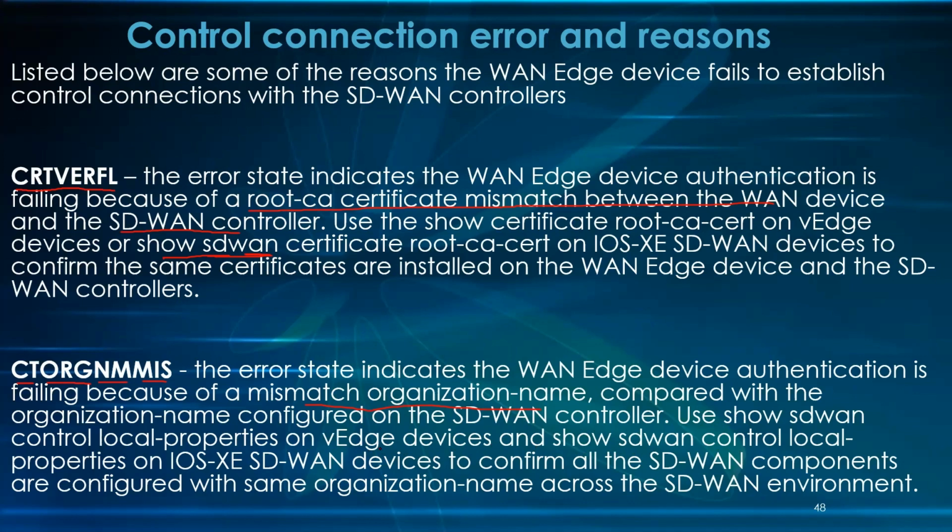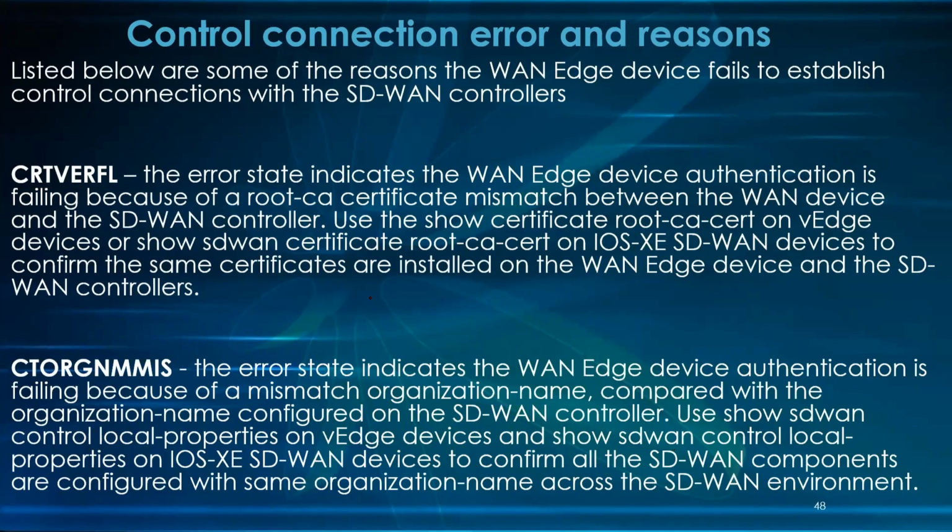So the difference is only this keyword addition, right? To verify that your organization name is correct or not. And of course, you can always refer back to the running configuration. All of your devices should be configured with the same organization name across the SD-WAN environment.